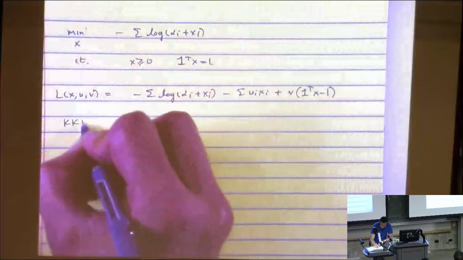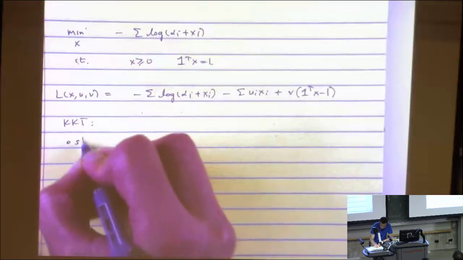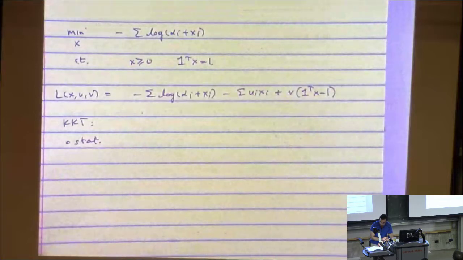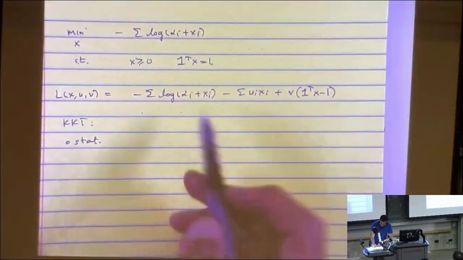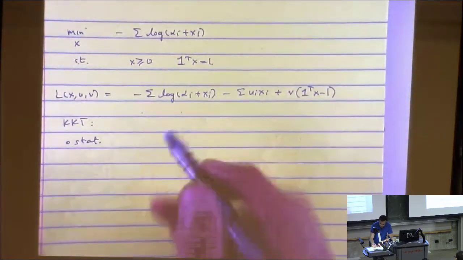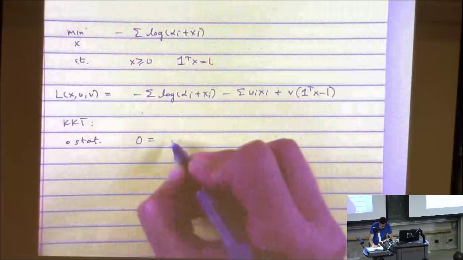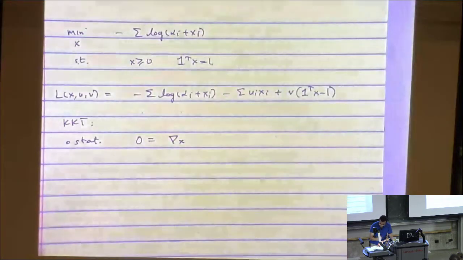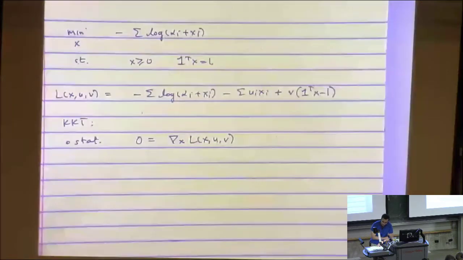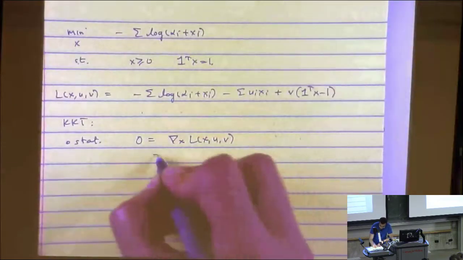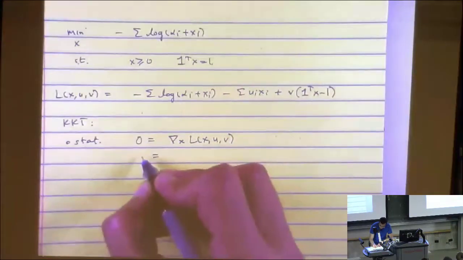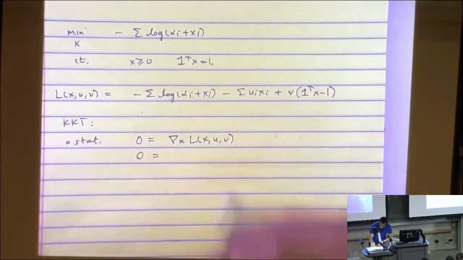So the KKT conditions now. If we look at stationarity, again, this is convex in x. Log is concave, so minus log is convex. So stationarity says that 0 has to be equal to the gradient of the Lagrangian with respect to x. Let's derive a separate condition for every i.